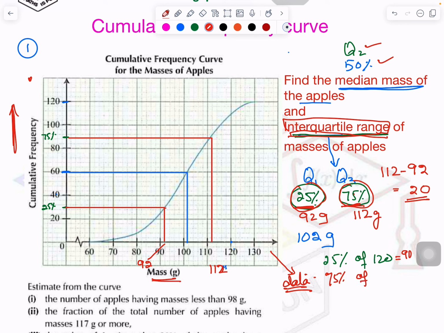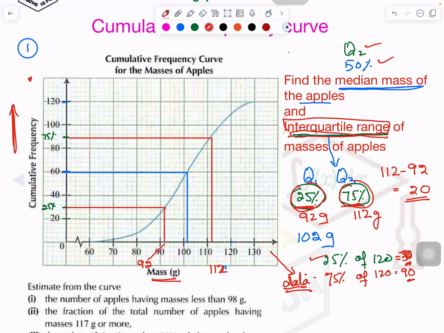Sorry, I have written it the other way around. It is 30 here, and 75% of 120 is 90. So at these, on the y-axis, I drew the line and calculated the mass of the apple. These are the number of apples, 25% of 120 apples and 75% of 120 apples. And then I subtracted, that will give me the interquartile range.